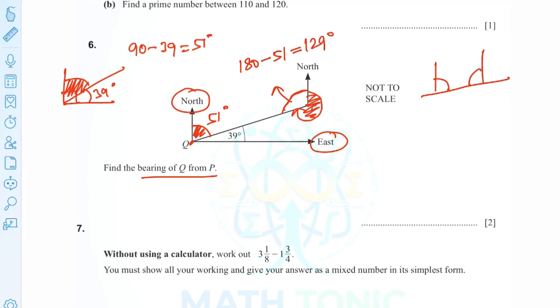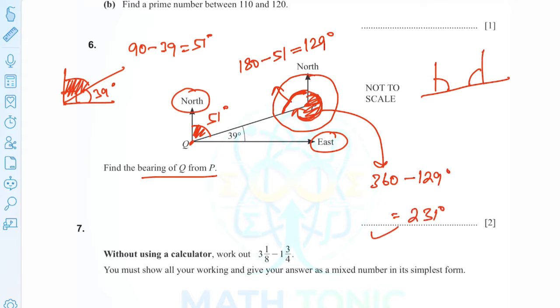Did you get it? Right? So if this angle is 129, I need to find this angle. The angle around this center should be 360. So 360 minus 129 equals 231 degrees. Did you get it? Okay.